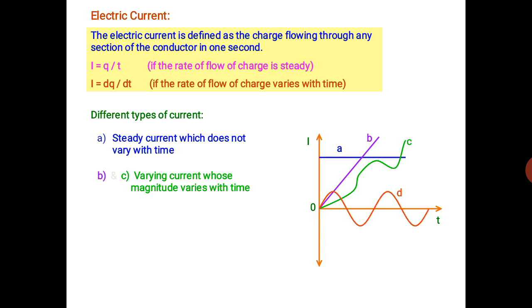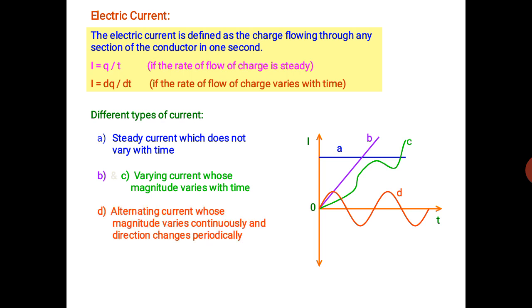One more graph, that is D. It is like a sine wave or cos wave, so clearly it is periodically changing. This current is called alternating current, because its magnitude varies continuously and its direction changes periodically. In short, it is also called AC.